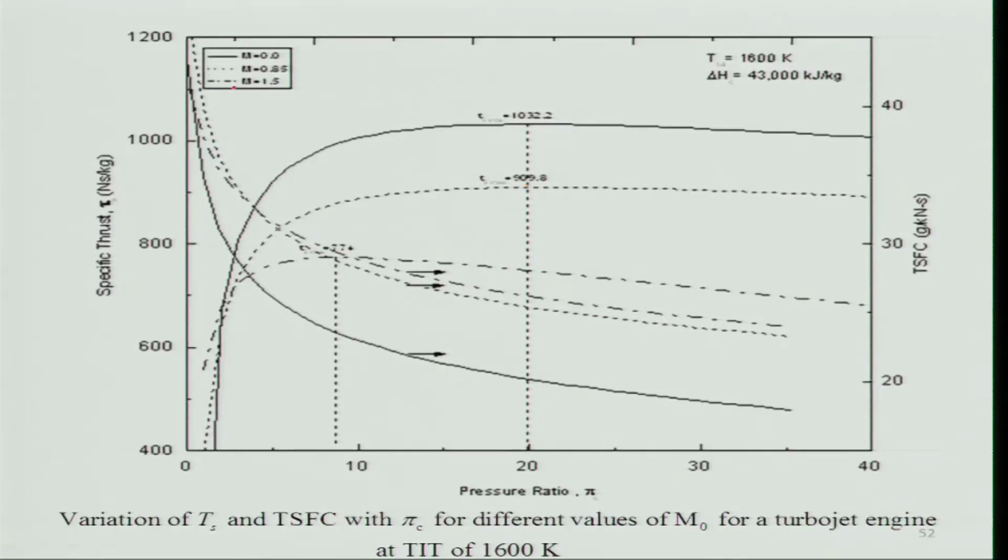But if you go for a flight Mach number of 1.5, you will have a similar nature of the curve, only it decreases after reaching a certain maximum value at a pressure ratio of 9, right?